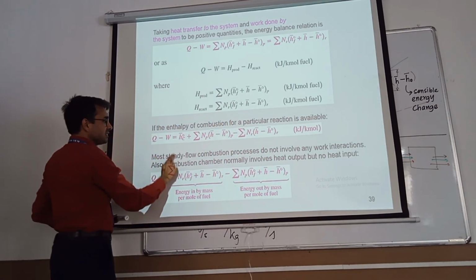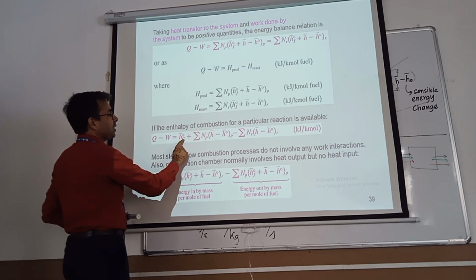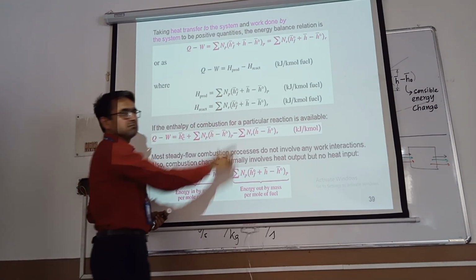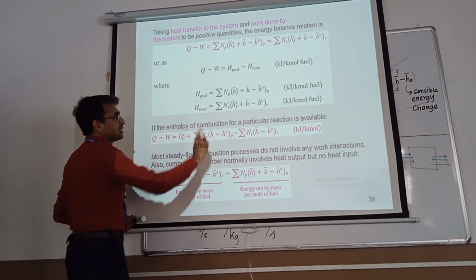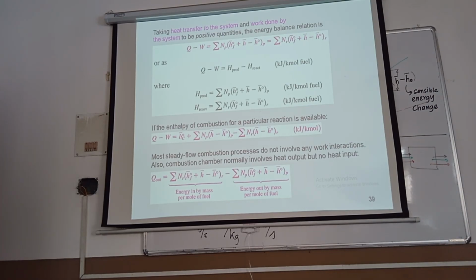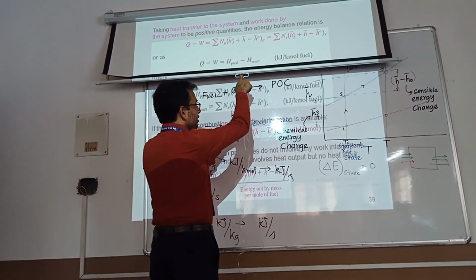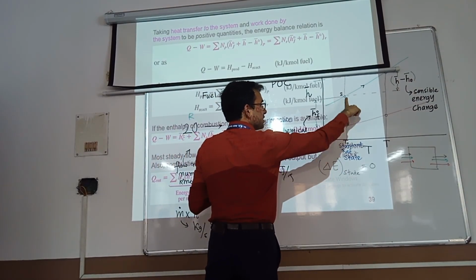So this is HC0 bar. HC0 bar means basically this minus this. That is the total enthalpy change of the products minus total enthalpy change of the reactants when it is considered at a particular temperature. So this is the enthalpy of combustion.